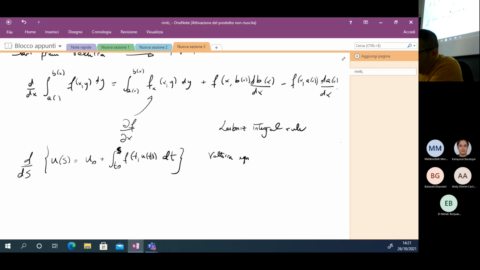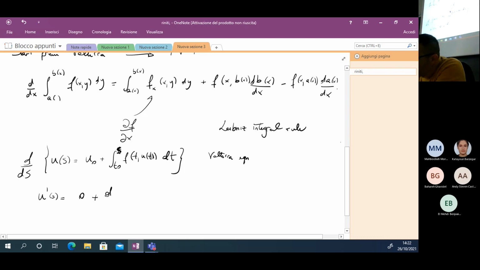So the left hand side, the derivative with respect to S of U of S, let me call it U prime of S. Then the derivative with respect to S of U0. What's the derivative with respect to S of U0? 0.